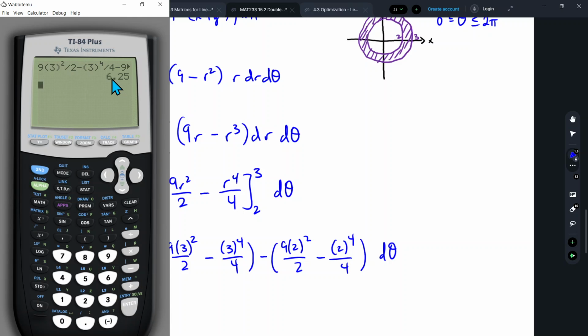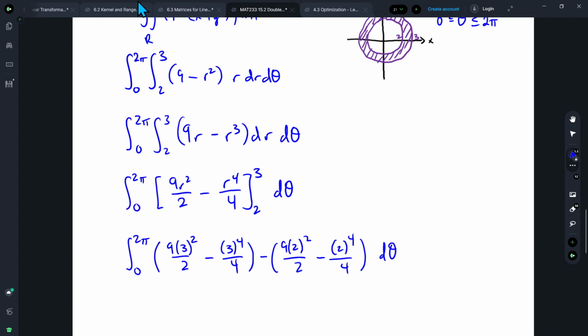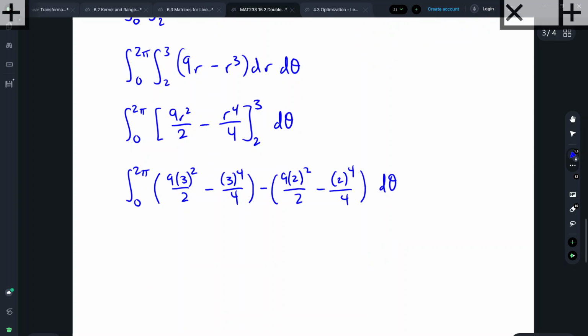So what do we get? I get 16.25. Let's put it in the form of a fraction. So this is equal to 25 over 4. So this whole thing calculates as 25 over 4 d theta. And now this is just an ordinary integral with respect to theta.